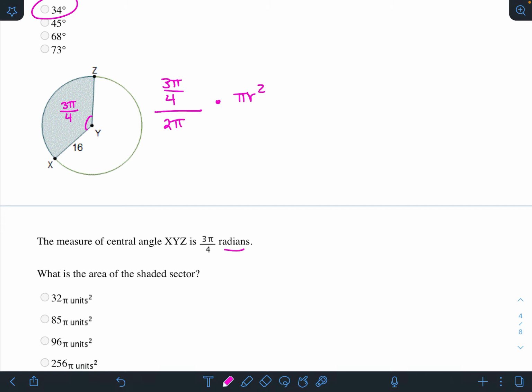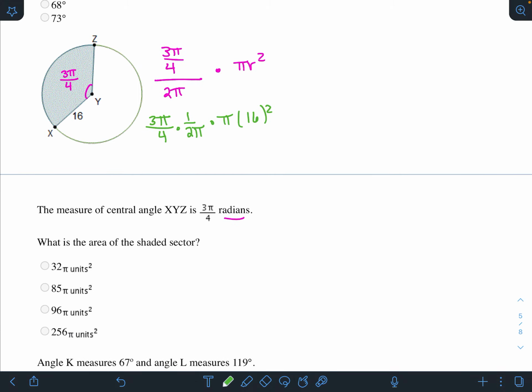Now 3 pi over 4 divided by 2 pi can be written as 3 pi over 4 times 1 over 2 pi. And then I know that the radius is going to be 16, so pi times 16 squared.